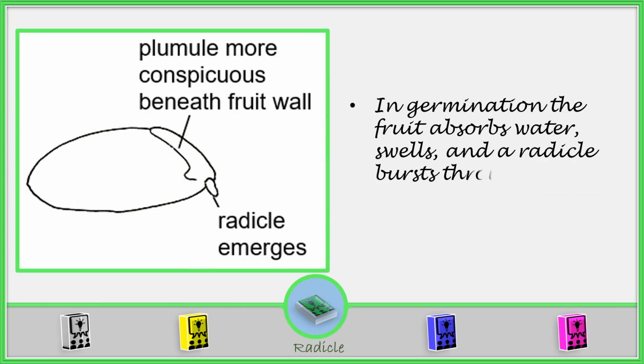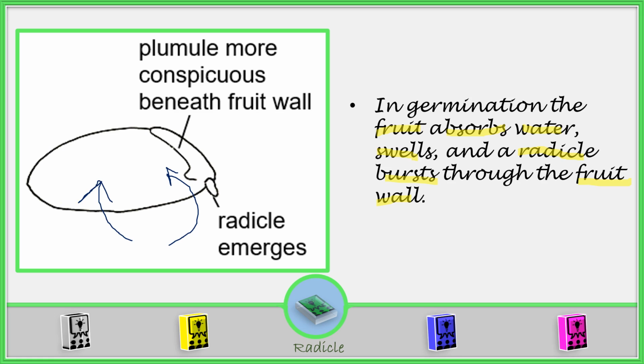In germination, the fruit will absorb water. It will swell, and a radicle will burst through the fruit wall. So during the period of germination, the fruit is going to absorb water, and when it absorbs the water, it is going to swell.